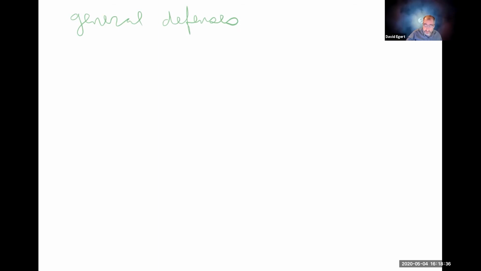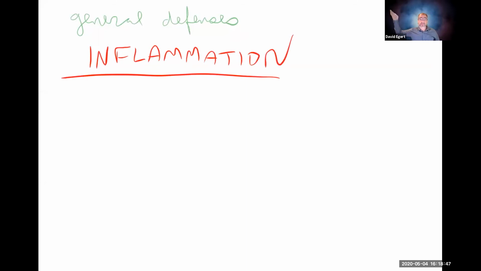So general defenses, inflammation. Inflame, just from its name, is red and fiery. There are four hallmarks of inflammation, and we'll talk about each of them. Redness, that's why it's called inflamed.